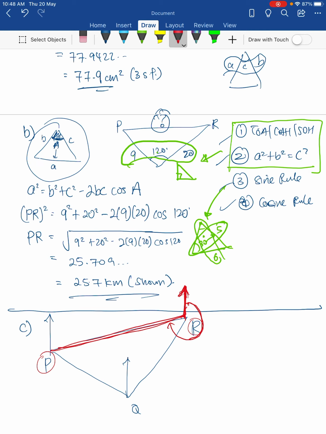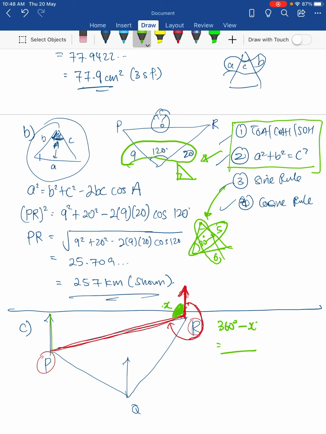Okay, so how do we find the bearing of this? One way I'm looking at, we can have many different ways, but one way is if you can find this angle in green color, we just use 360 minus this, let's say this is x, minus x. That will give us the bearing.